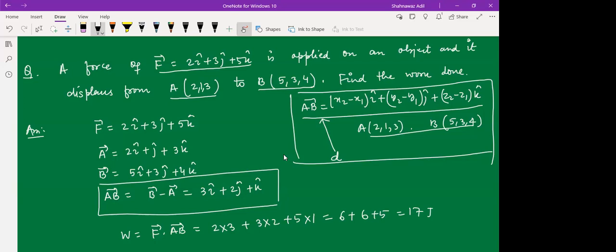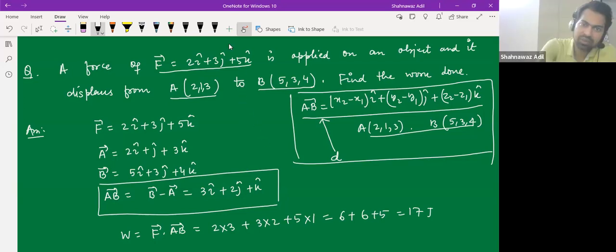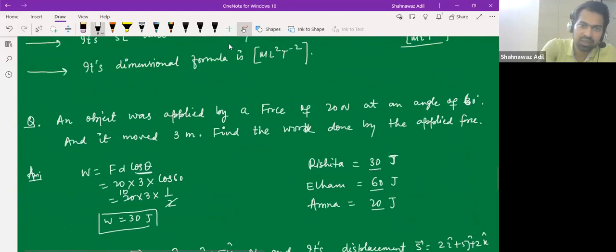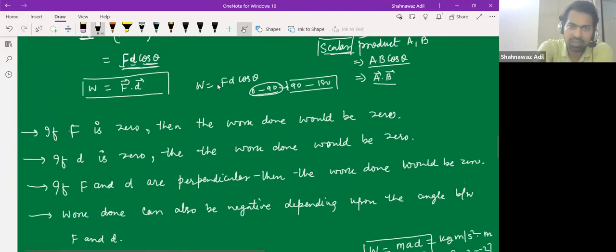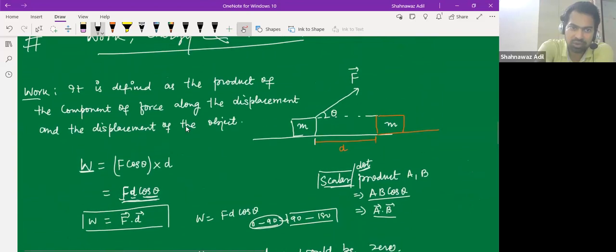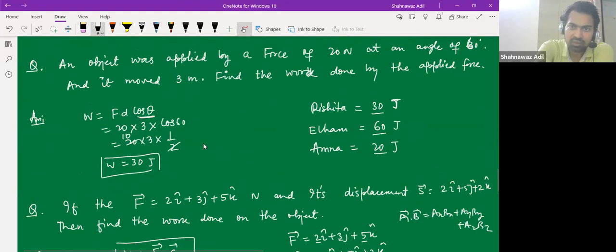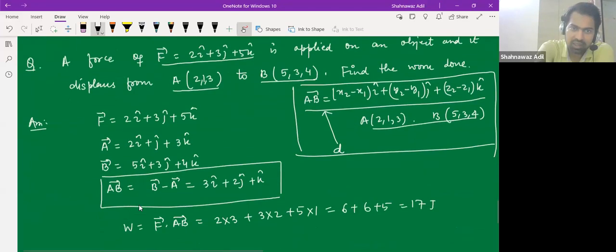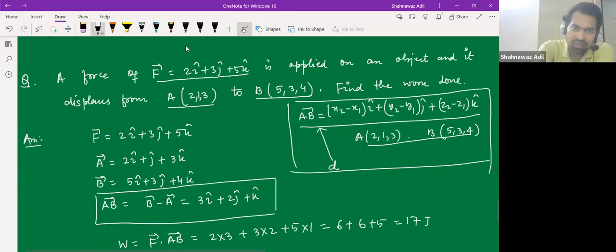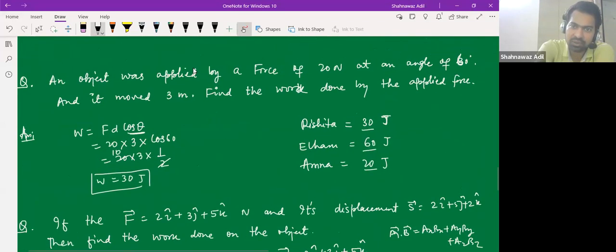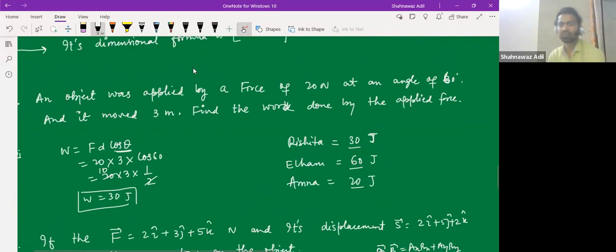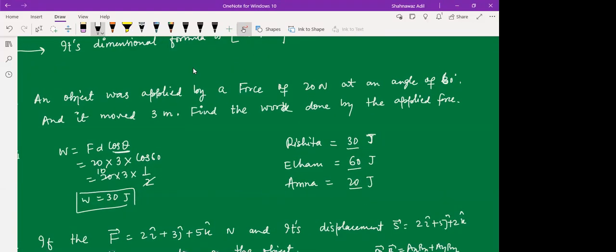Done, sir. Okay, so when we were studying this work done, what was this peculiar thing about this force? We did three kinds of questions. The first one was this 20 Newton, and this force, and this force. What is the similarity between these three forces? 20 Newton is scalar, while the second two questions are vector quantities.